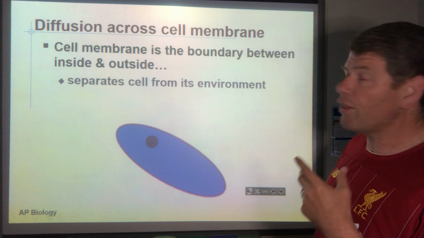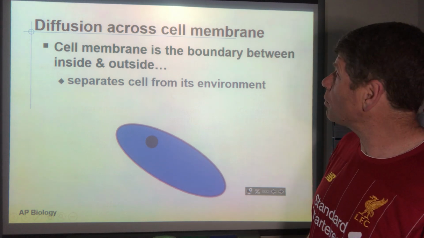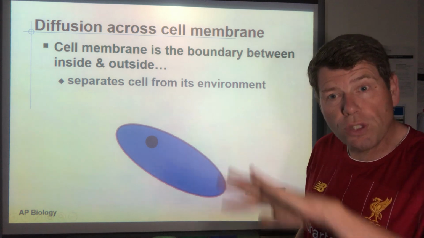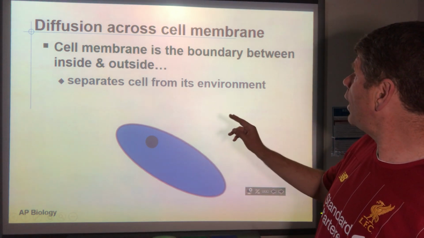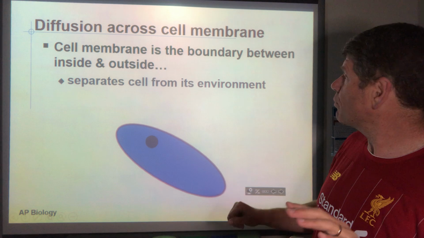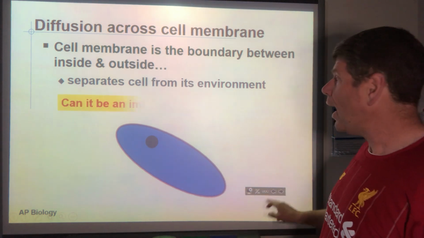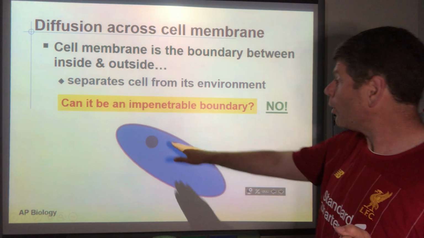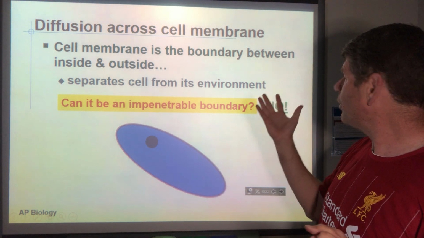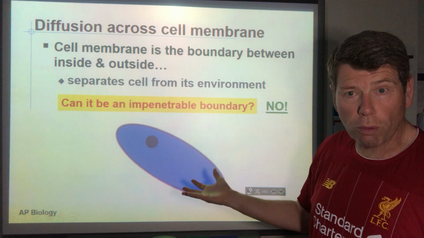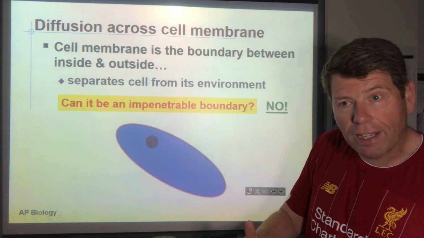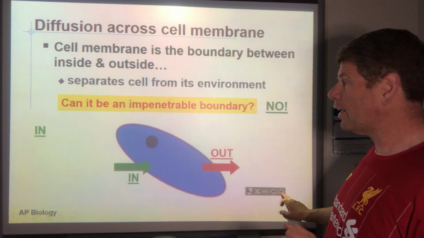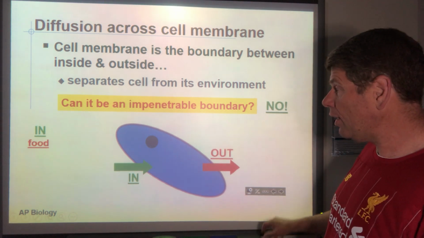So one of the things we need to review is a concept called diffusion. So some substances can simply diffuse, which is going to mean that they're going to travel from a high concentration to a low concentration. Now remember, the cell membrane cannot be impenetrable. We have to allow some things in and not other things. So what are some things that we want to come into the cell?